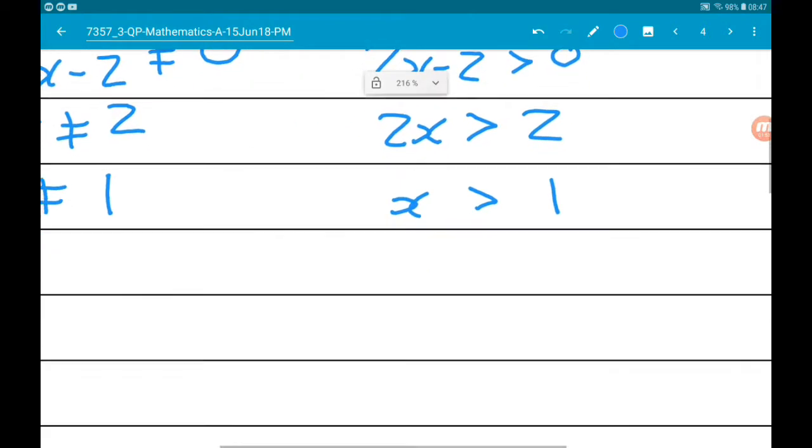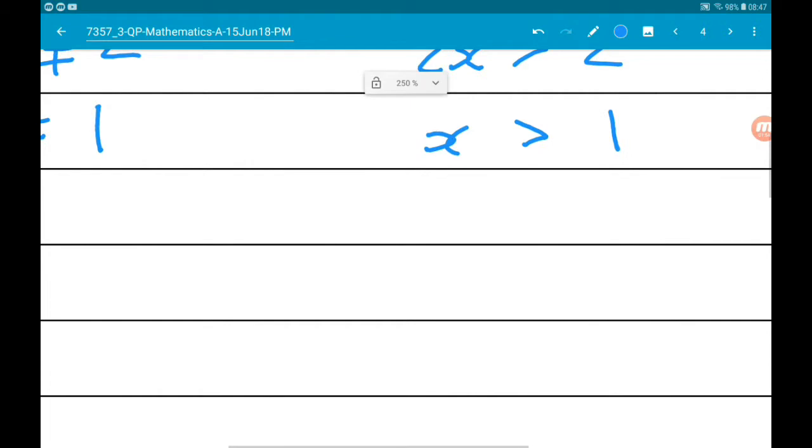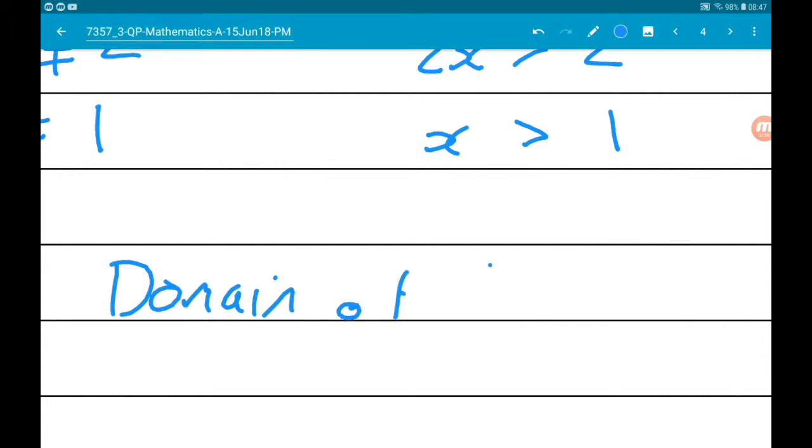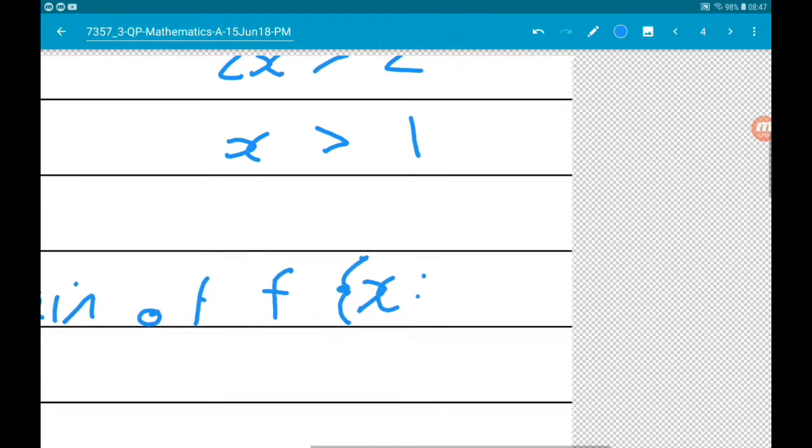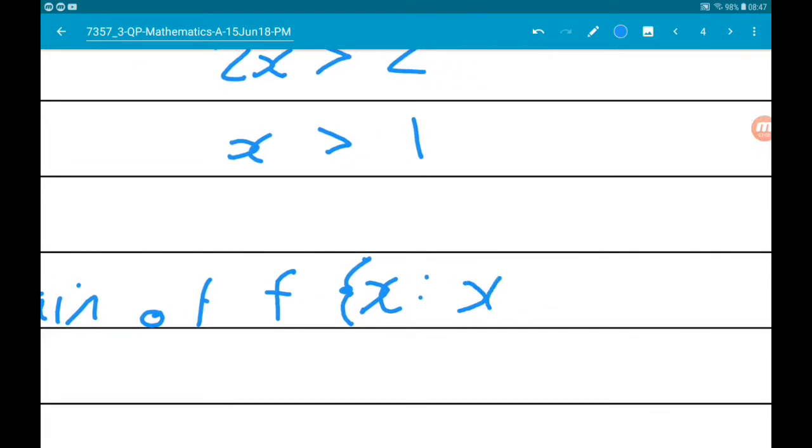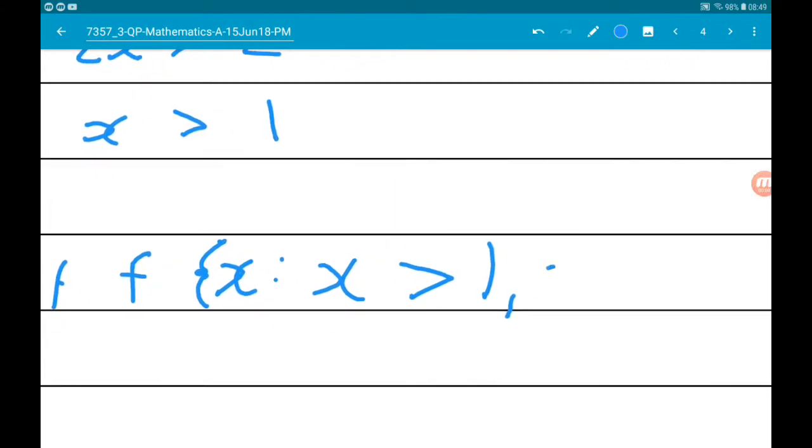So the domain of f is x such that x is greater than 1. And I guess we should also say x is an element of the reals.